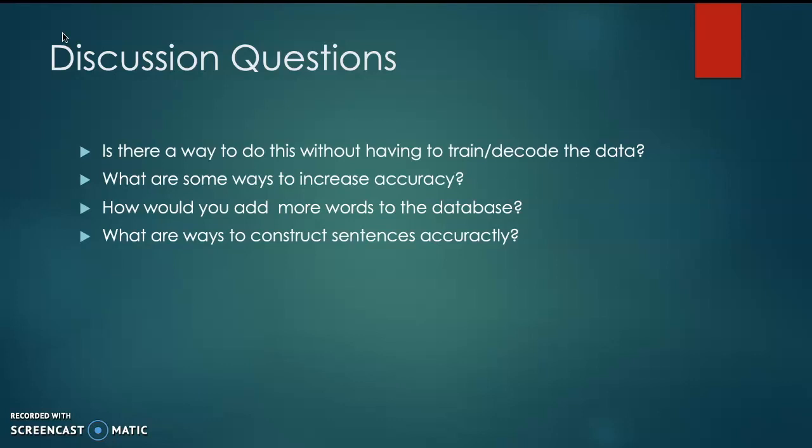What are some ways to increase accuracy? So I think one of the biggest ways to increase accuracy is repetition of the word. So instead of somebody saying the word once, they would, as a response, say it multiple times.